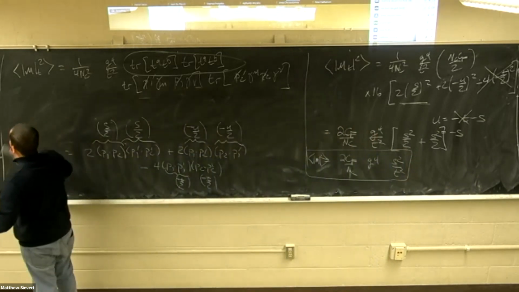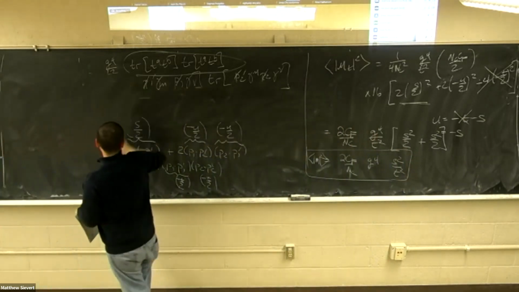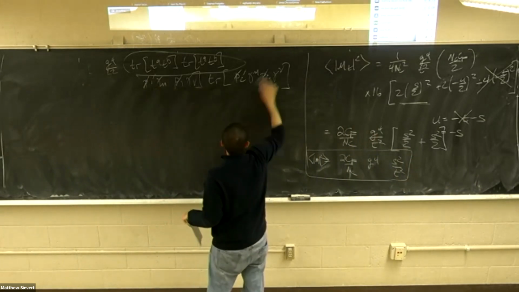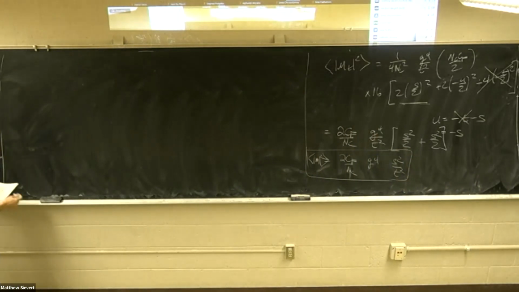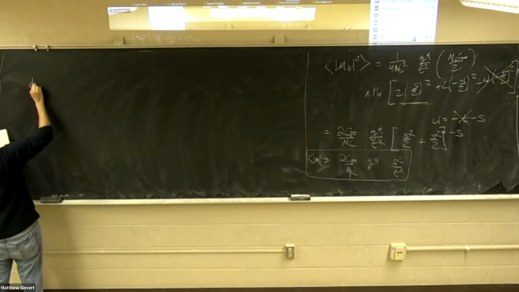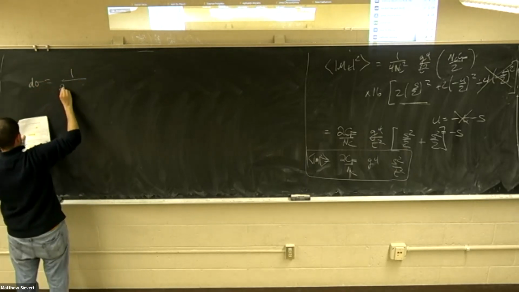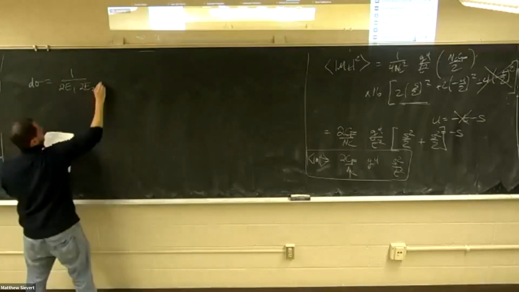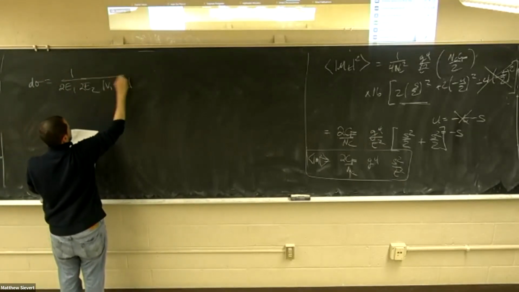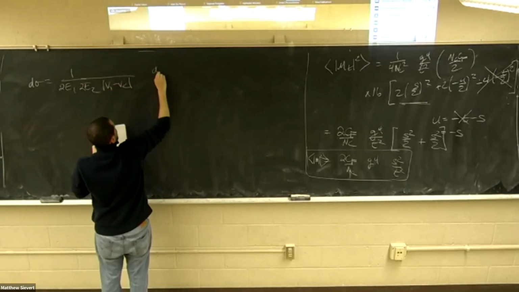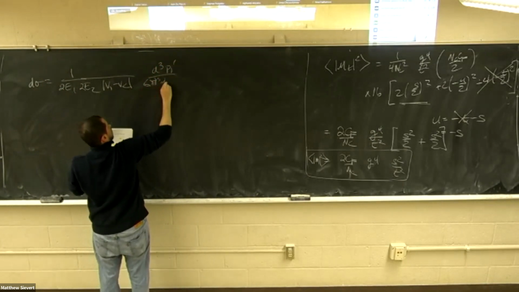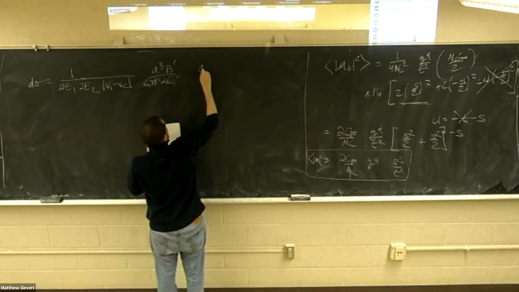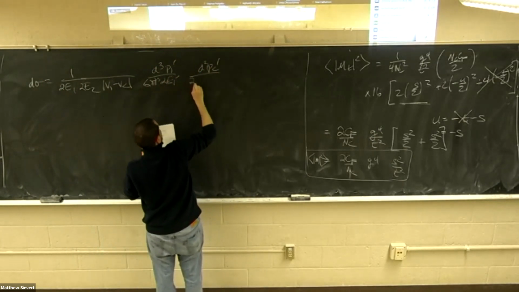The last thing is just to plug it into the formula for the cross section. The formula for the cross section has this bizarre expression. The sigma is 1 over 2 E1, 2 E2, absolute value of the relative velocity, v1 minus v2, phase space factors for particle 1 prime and particle 2 prime.